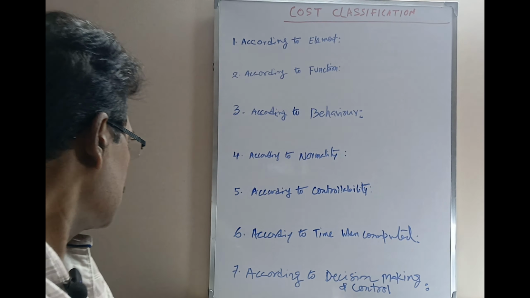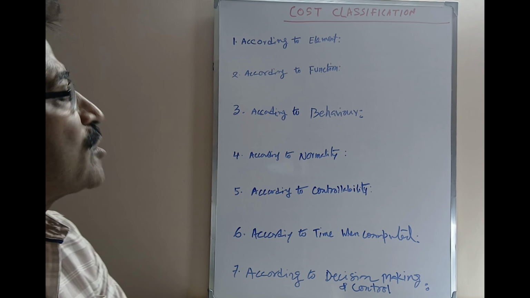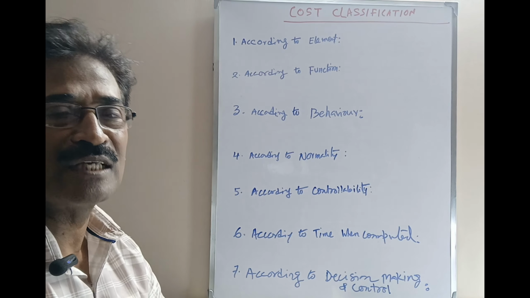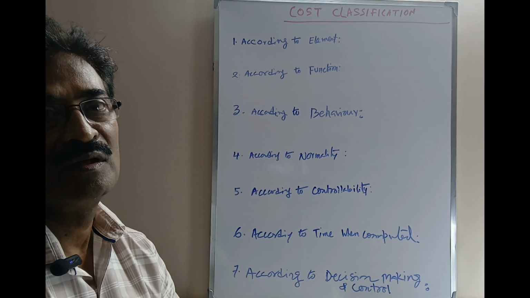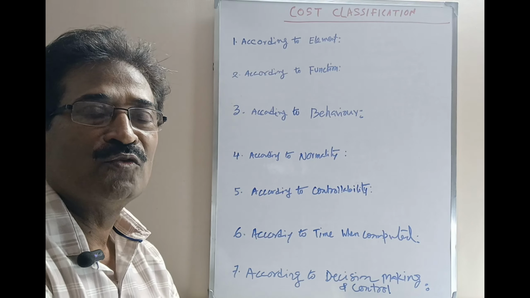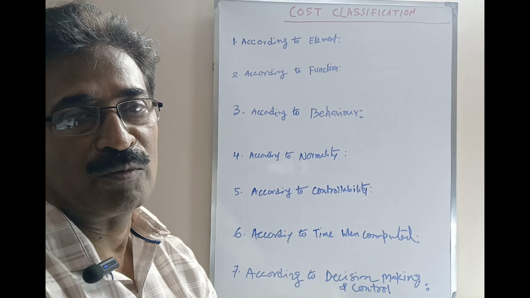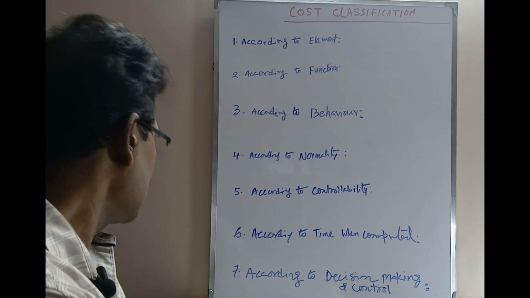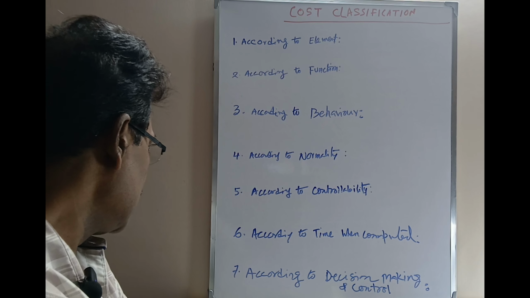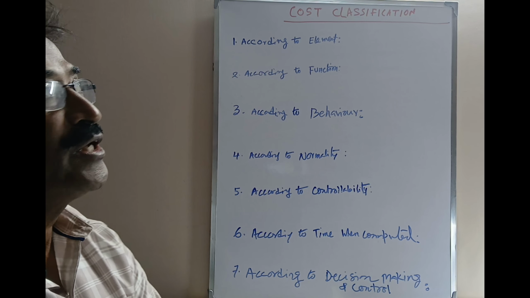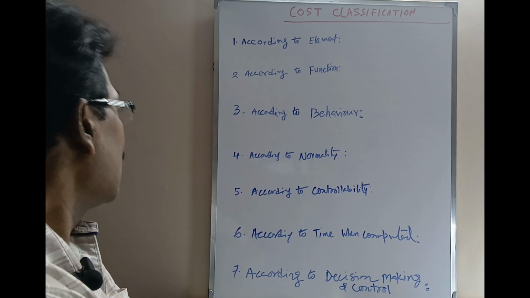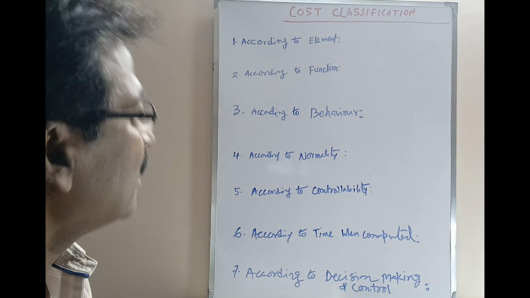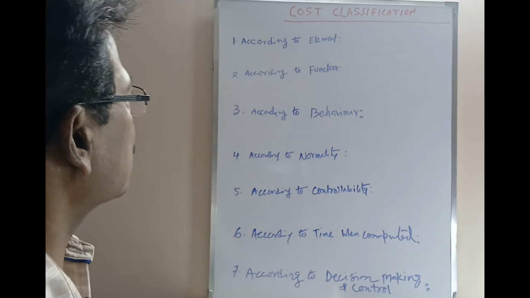The same cost thus appears in several classifications depending upon the purposes for which costs are to be provided. There are various methods of cost classification depending upon the purpose for which information about cost is required. Let us see the details of cost classification.